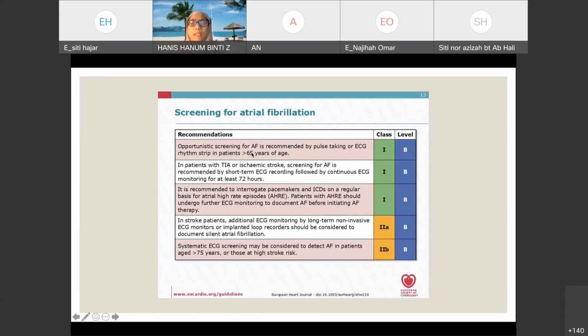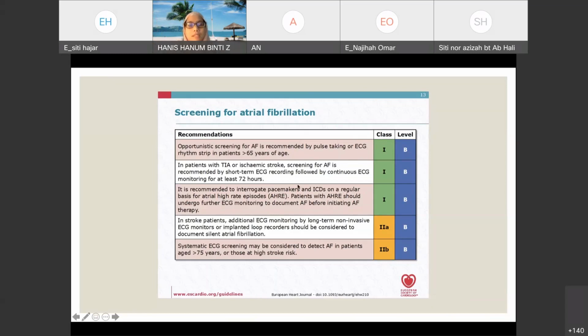Opportunistic screening means whenever a patient comes to the hospital, for example, for a cough or a flu vaccination, we take the heartbeat. I think that's what's being done worldwide. So when we see an excessive high heart rate, then that's when the doctors can further investigate via ECG.